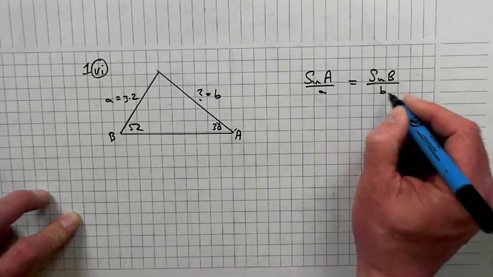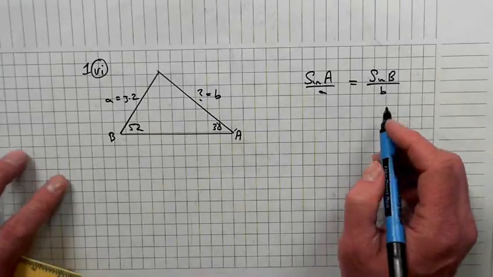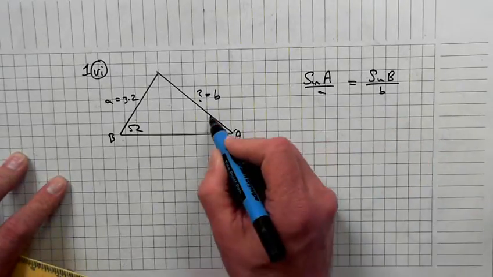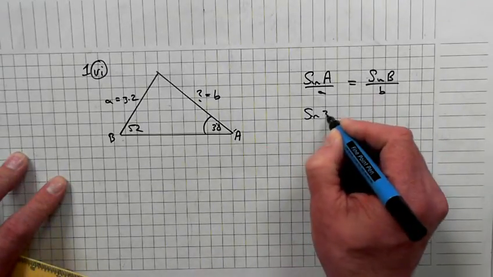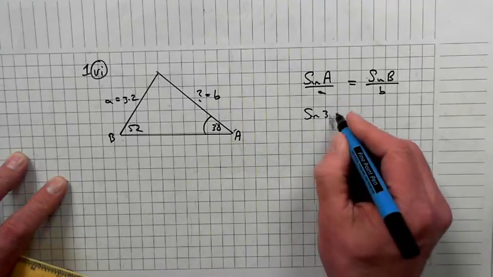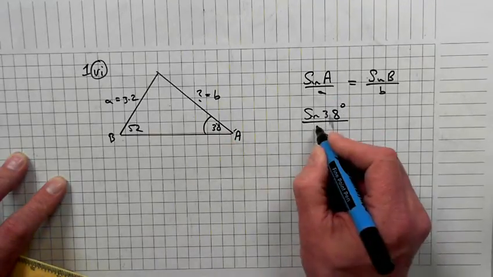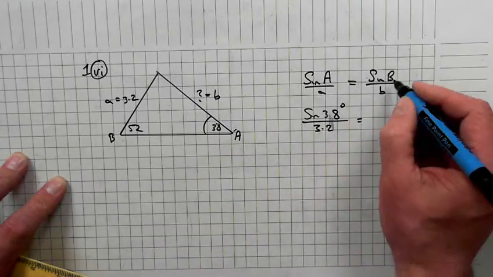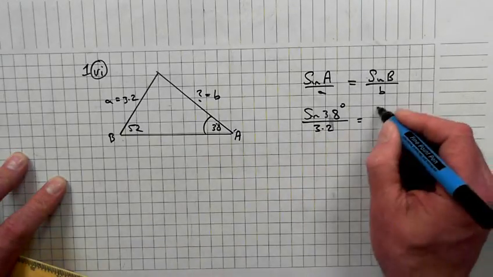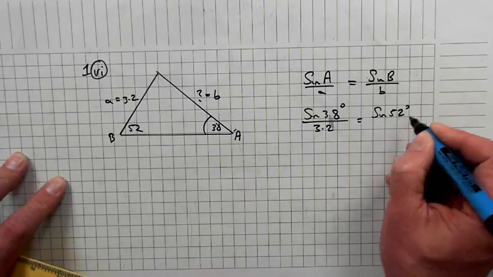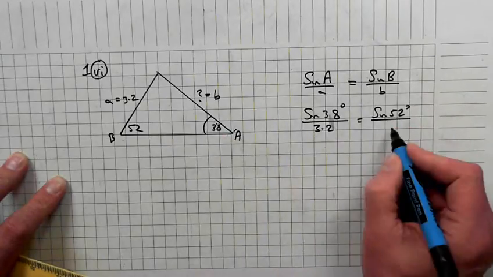It doesn't change it. It's the same. So we start off with sine A, sine of 38, over 3.2, equals sine B, sine of 52, over b, which is what we're looking for.